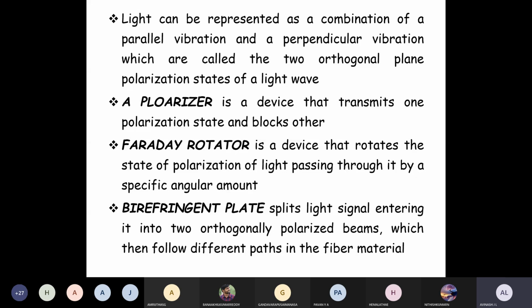So these are the three fundamental concepts: polarizer, Faraday rotator, and birefringent plate. Please make a note of this, all of you.